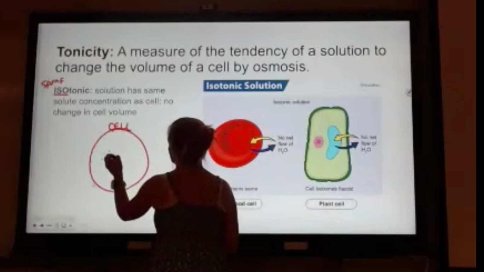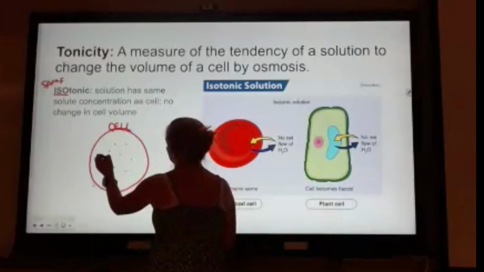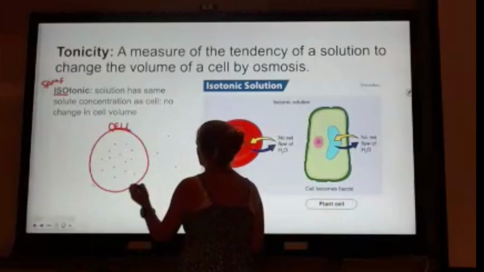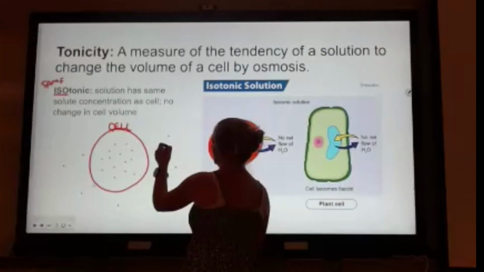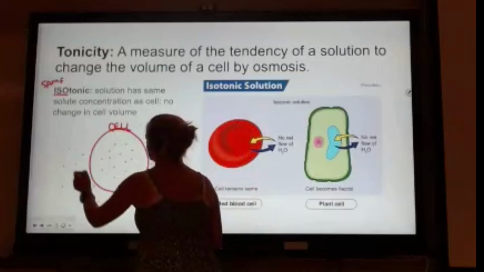Inside, the solute concentration is the same on the inside of the cell and the outside of the cell.